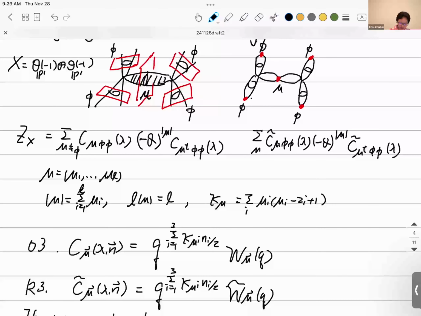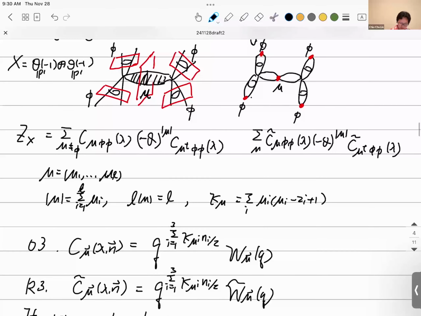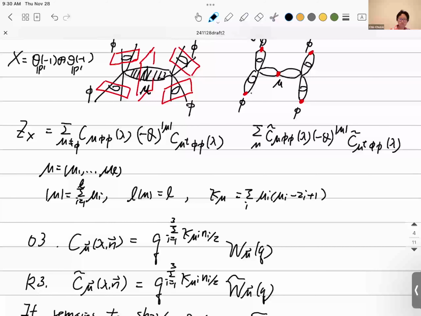And recall that the third part is, if we want to show that our algorithm is exactly the same as theirs, we should show that our C tilde is equal to their C. They provide a closed formula for the dependence on framing, given by this.